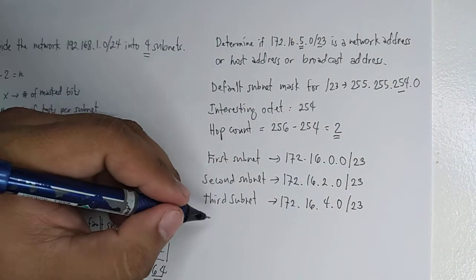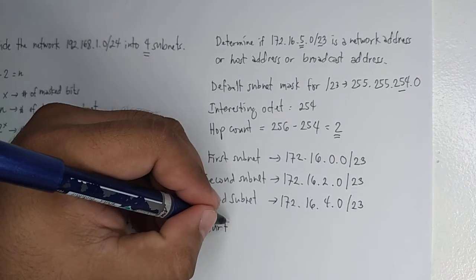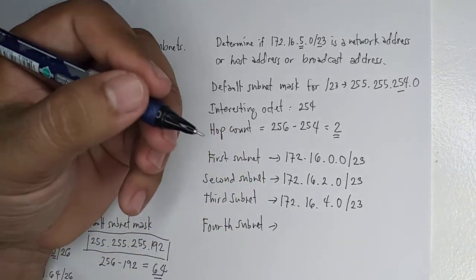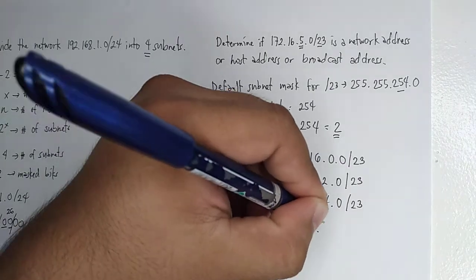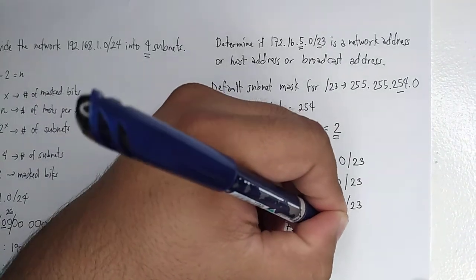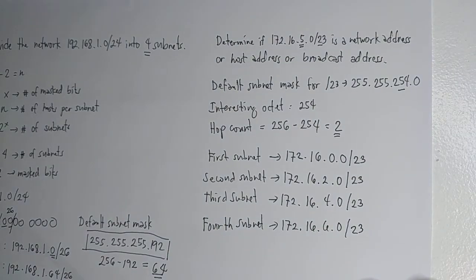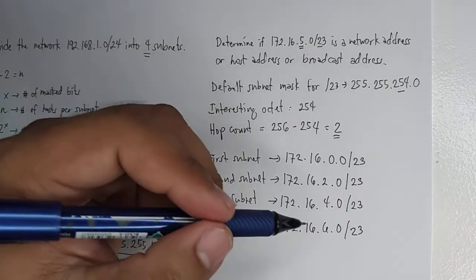Not yet, so we continue to the fourth subnet. The fourth subnet has the network address 172.16.6.0/23.